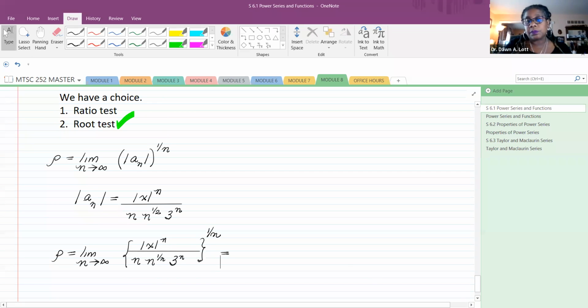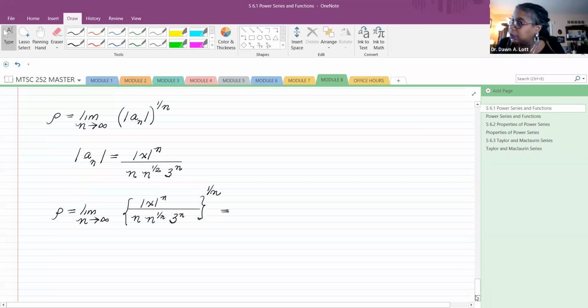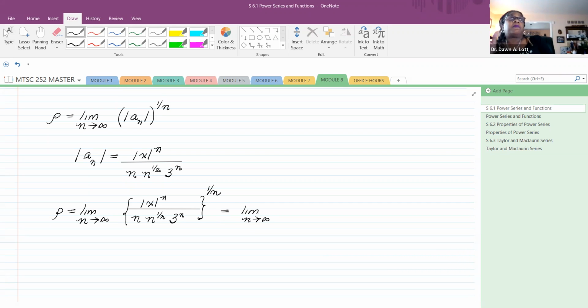Anybody want to simplify this for me? I have absolute value of x to the n to the 1 over n. What is that going to give me?